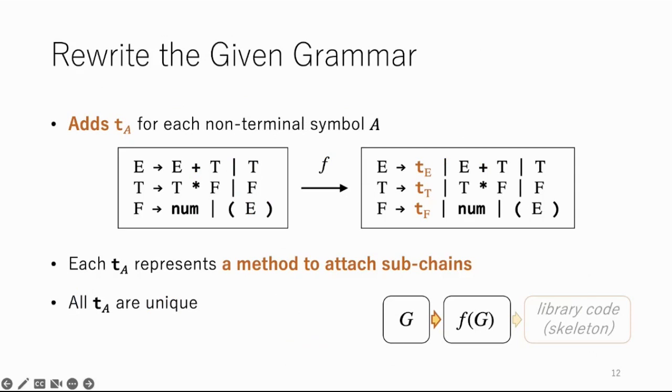Here we show how the first step rewrites the input grammar. For each non-terminal symbol, it just adds a terminal symbol to the right side of each production rule. Each added terminal symbol is unique, so they can be distinguished.